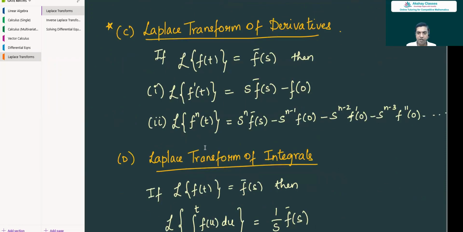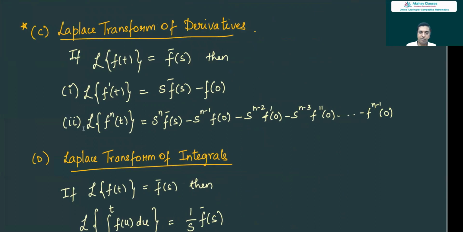So Laplace transform of derivatives. If you look at this result, the nth derivative of f is s power n into f bar s, then minus s power n minus 1 f of 0 minus s power n minus 2 f dash 0 minus s power n minus 3 f double dash 0 goes on to s power 0 f of n minus first derivative.